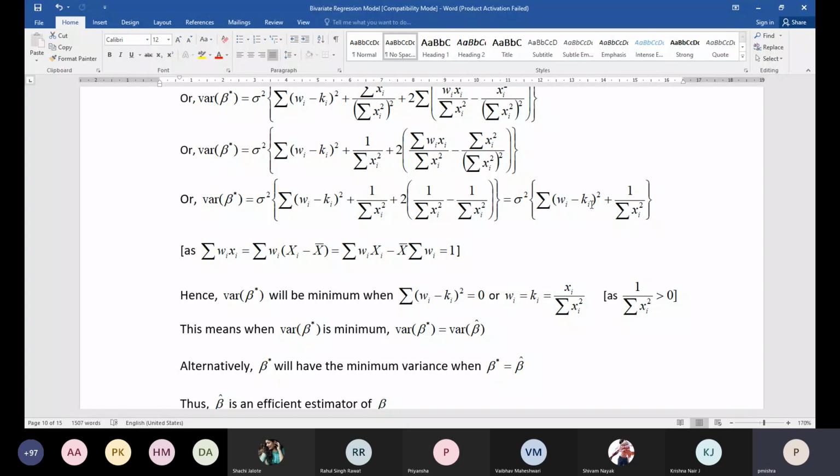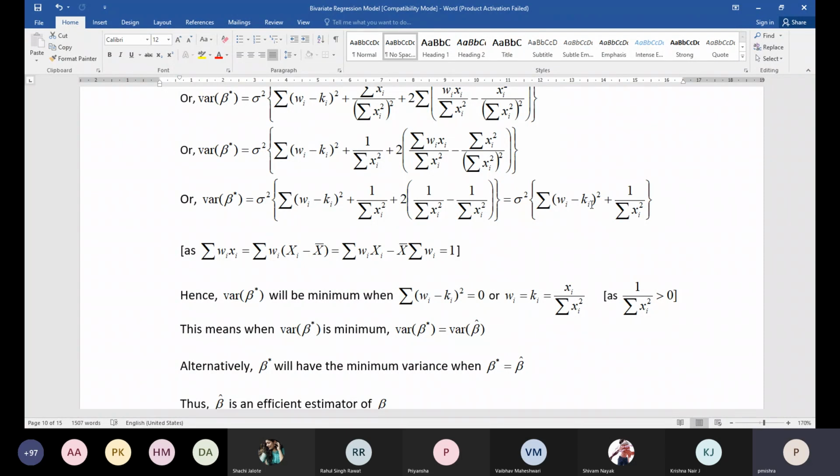That is, expectation of beta hat is equal to beta, expectation of beta star is also equal to beta. So both are unbiased. Let us also assume that both are consistent.